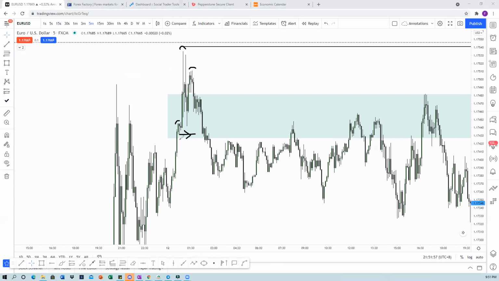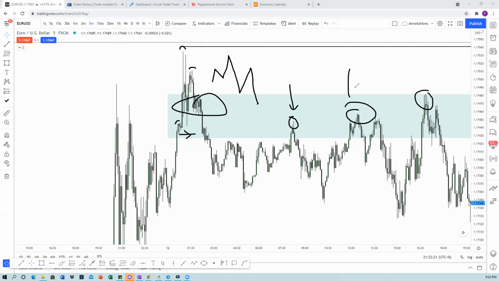So once we broke here, we have that, right? So this indicates that when price comes back over here, it's going to create another range. It did it over here, it did it over here, it did it over here, and that's pretty much it. So we had range creation here, range creation here, range creation here. So this is only one spot, right?